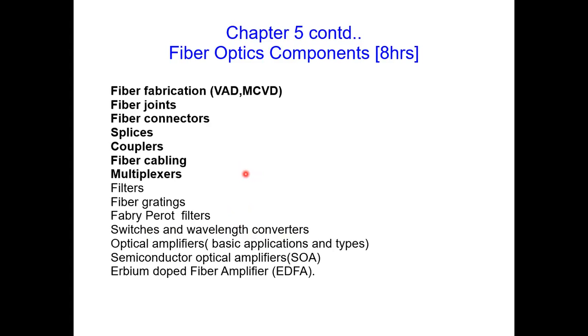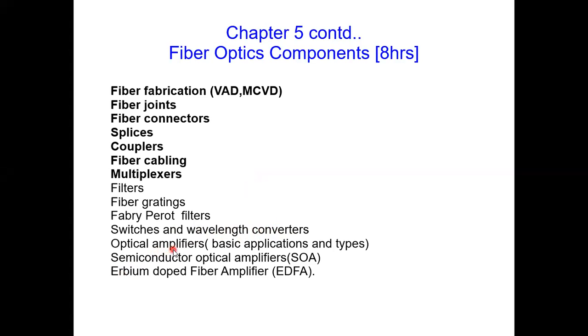When the signal travels across various networks to reach the final destination, I need to convert the wavelength. First of all, we will see why we require wavelength conversion, and then what the different wavelength converters are, and how I convert the wavelength. So wavelength converters are also one of the components in fiber optics.